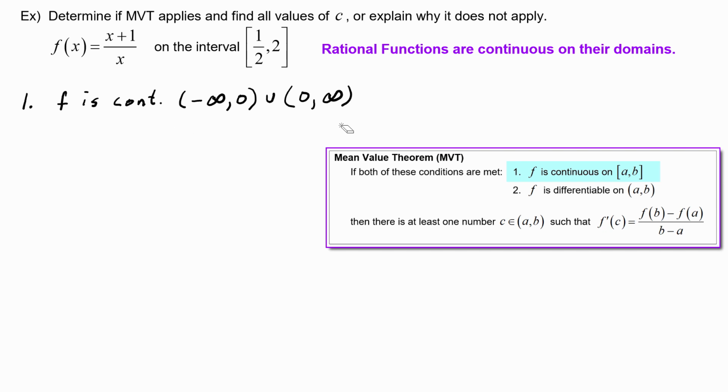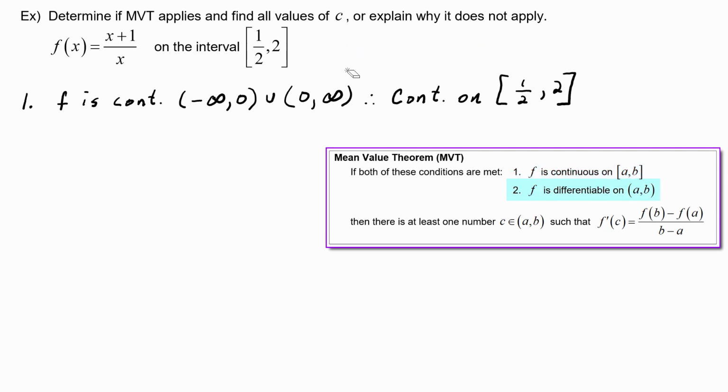That means it's continuous everywhere else. And if it's continuous on this interval, then it will be continuous on a subset of that interval, which is from 1/2 to 2. This interval lies completely inside this one. So we've satisfied step 1.